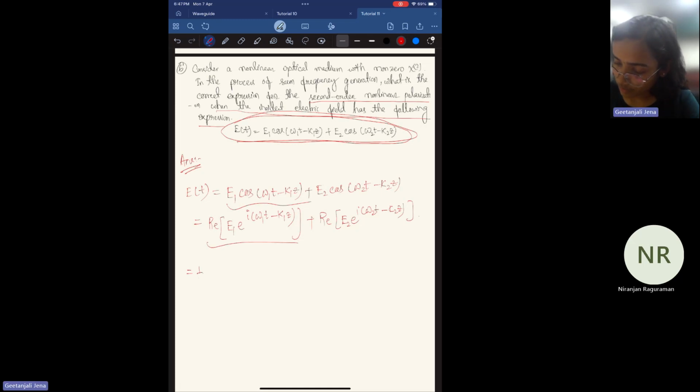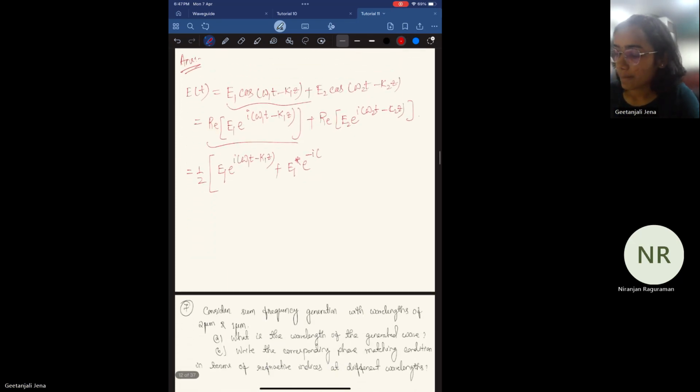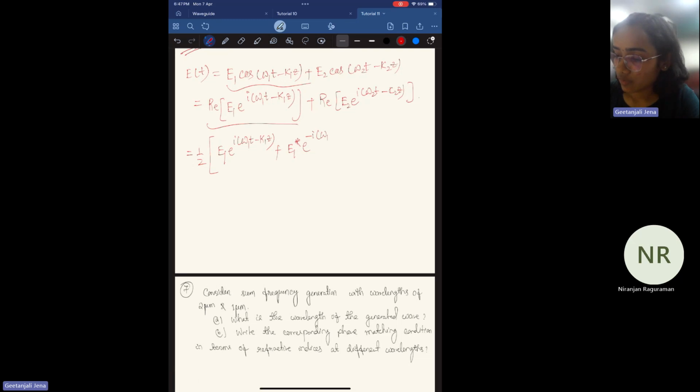This is half of E1 e to the power i(omega1 t minus k1 z) plus E1 star e to the power minus i(omega1 t minus k1 z), plus half E2 e to the power i(omega2 t minus k2 z) plus E2 star e to the power minus i(omega2 t minus k2 z).